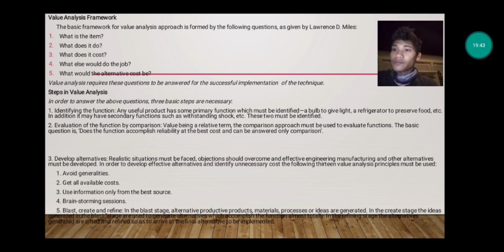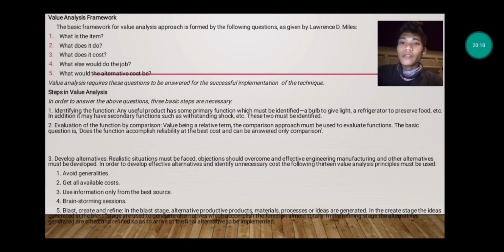Third, develop alternatives. Realistic situations must be faced, objections should be overcome, and effective engineering, manufacturing, and other alternatives must be in order. Develop effective alternatives and identify unnecessary costs.